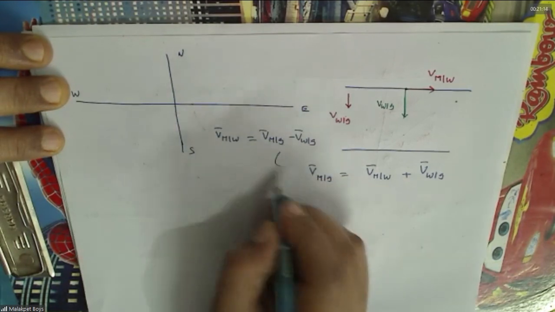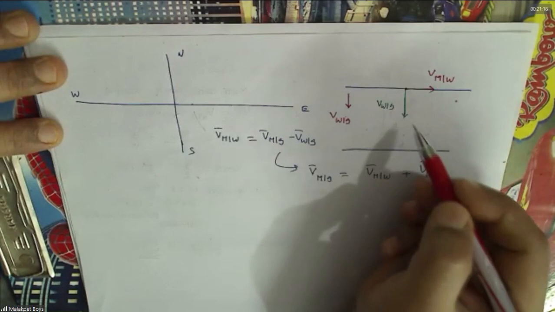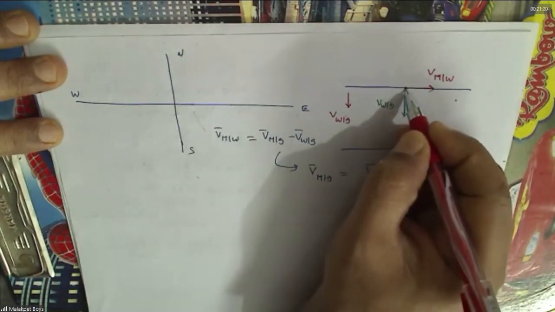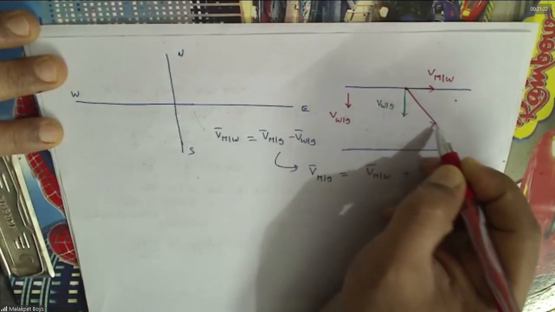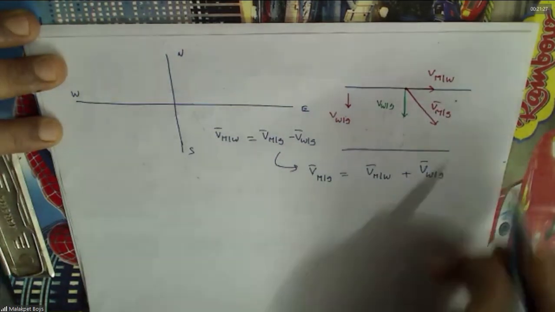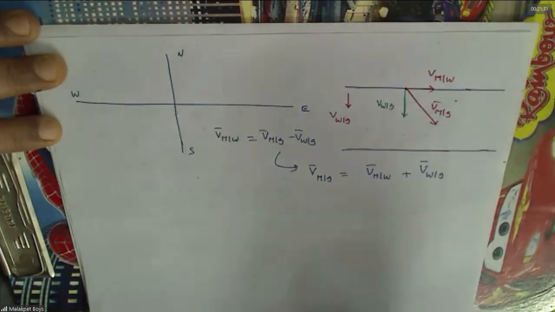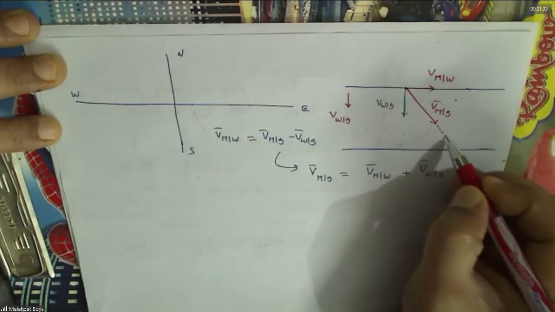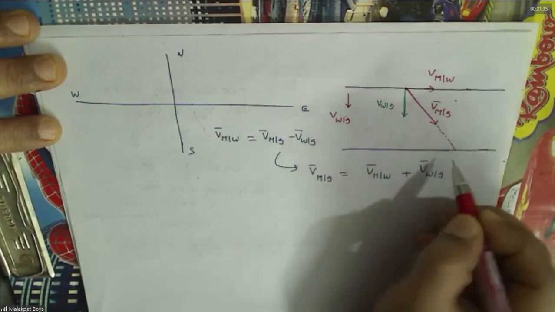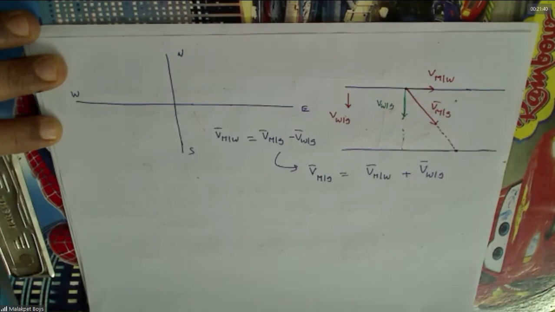If you send this here, you'll get this, no? So that means the vector sum of this and this, the resultant is this. This is the velocity of man with respect to ground. So obviously, for a person on the ground, that fellow will reach here. Okay, this is what he has given. Understood?